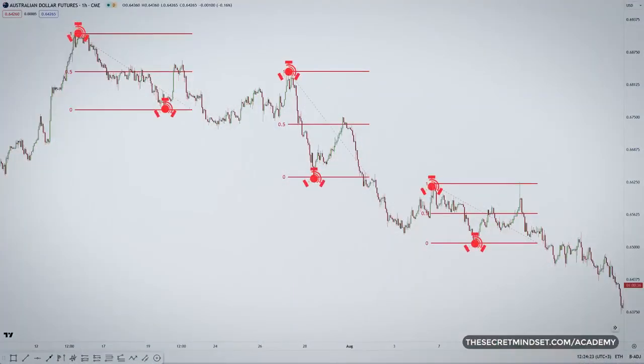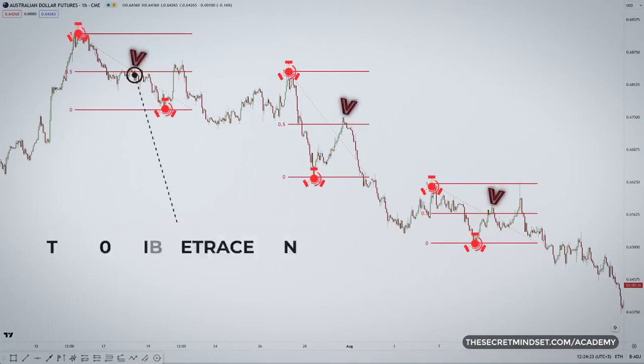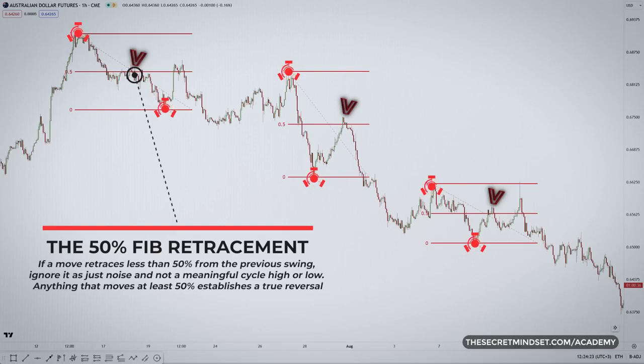If a move retraces less than 50% from the previous swing, I'll ignore it as just noise and not a meaningful cycle high or low. But anything that moves at least 50% establishes a valid reversal in my view.